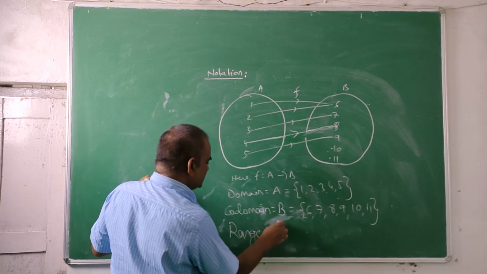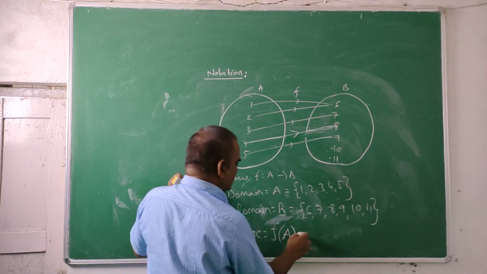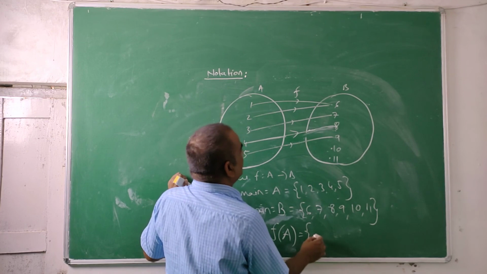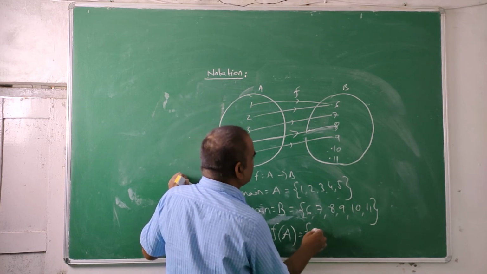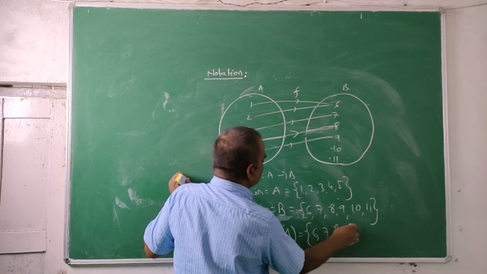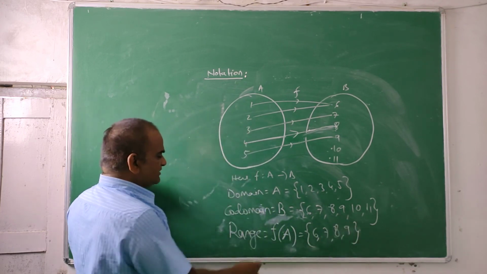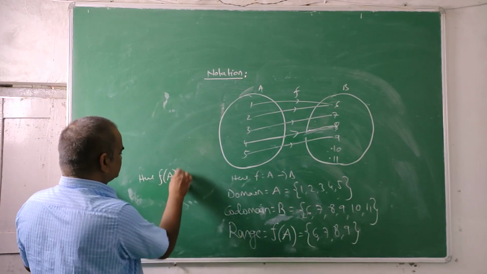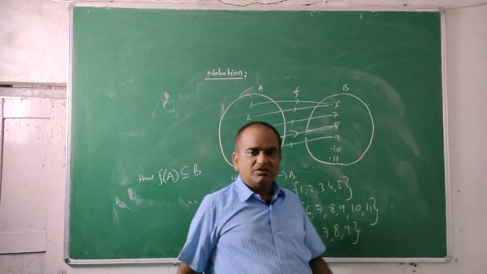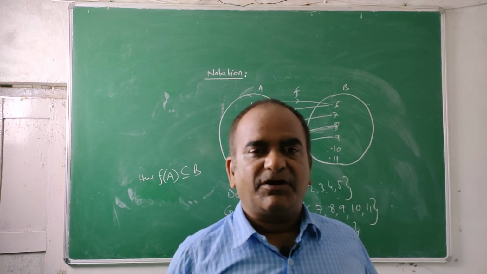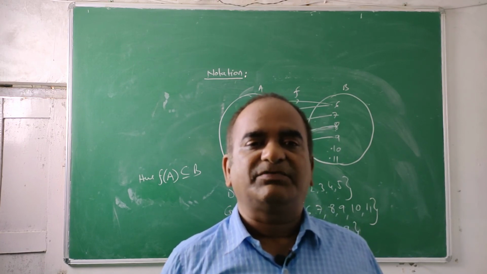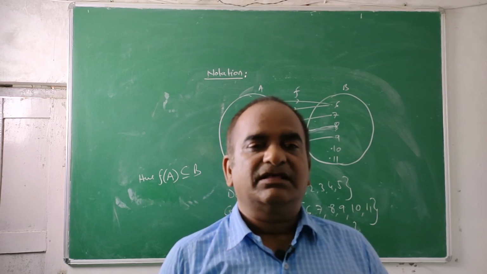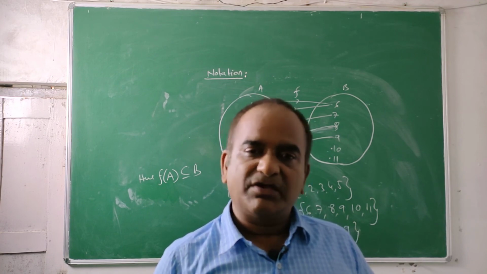Range is denoted by f of A, meaning it is the collection of all images of domain elements. So what are the images? You are seeing just images 6, 7, 8 and 9. These are the images of the domain elements. So here you are seeing clearly that range is a subset of B. So in functions, this most important point is that range is always a subset of B. Please do understand. So our next topic is types of functions. Okay, we'll discuss.